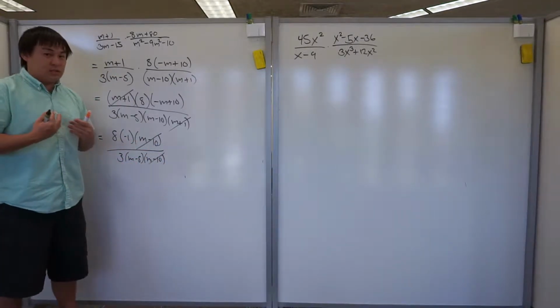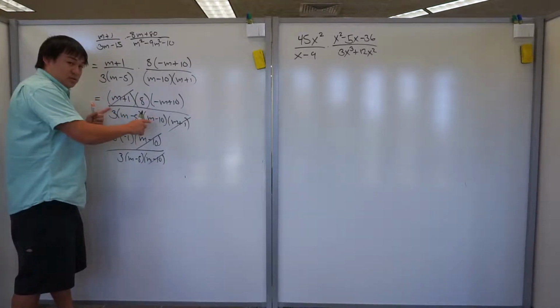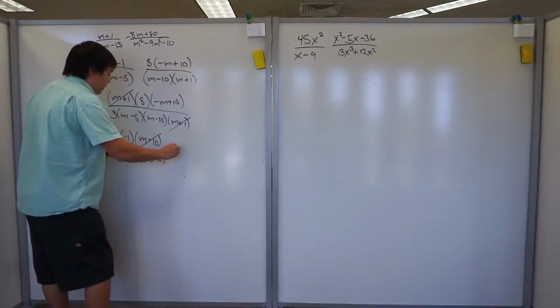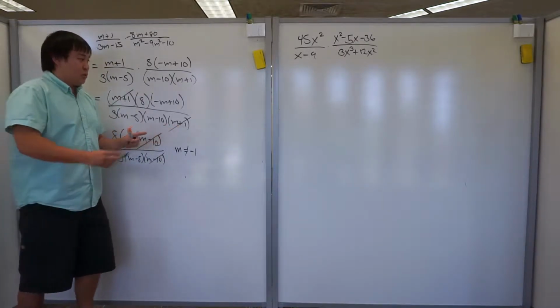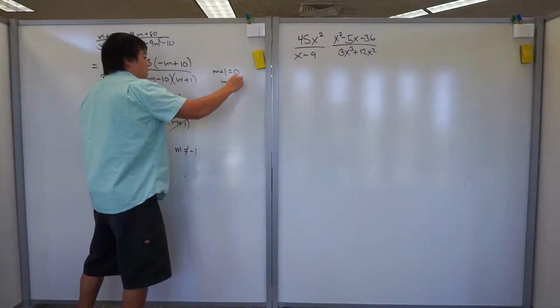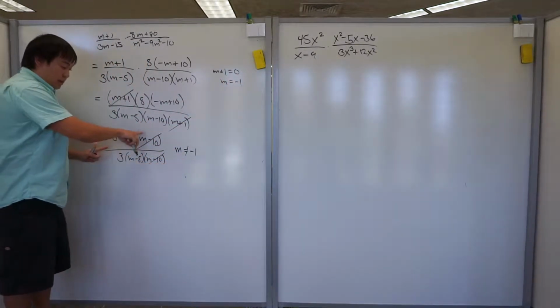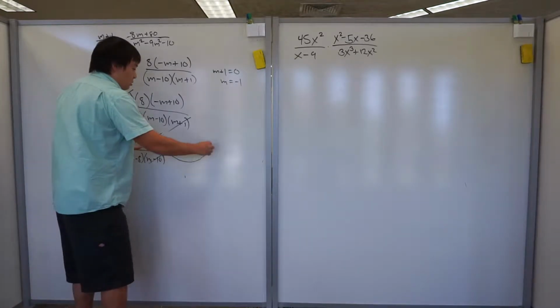Now, another thing that a lot of people forget, including me, is when you cancel things, you have to write the restriction. So I actually have to write here that m cannot be negative 1, because m plus 1 equals 0 when m equals negative 1. So don't forget that restriction. Now we canceled another one, so we have to write that restriction as well.